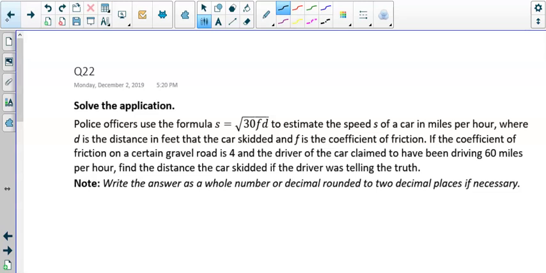All right. So the 4 that we have here, who is that? That's F. That's the friction. So we're going to plug 4 in for F. The 60 miles per hour, who is that?